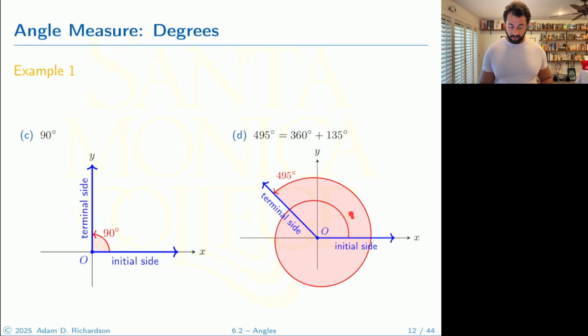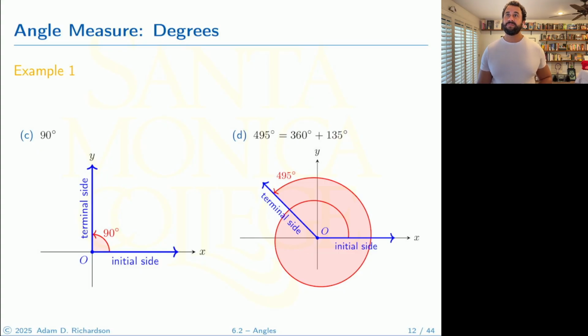But the difference is you went all the way around. So one important point I want to make, because this tends to throw people off a little bit when they first start working with angles: 495 degrees is not equal to 135 degrees, all right? Just because the rays coincide doesn't mean that the angles are the same. Just keep in mind that angles correspond to real numbers, all right?